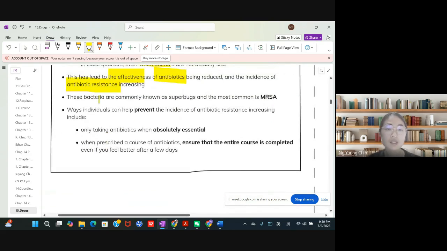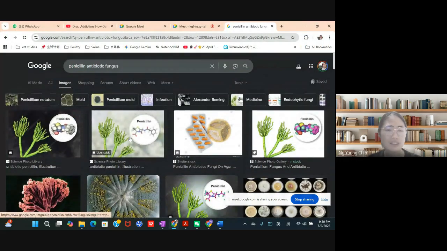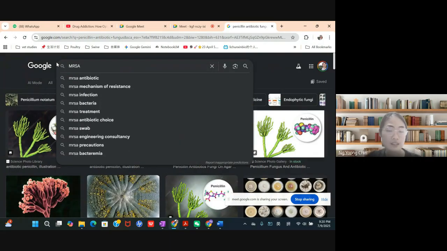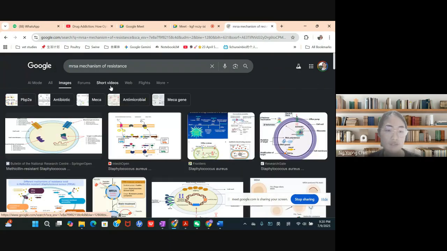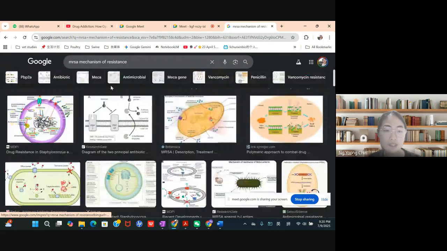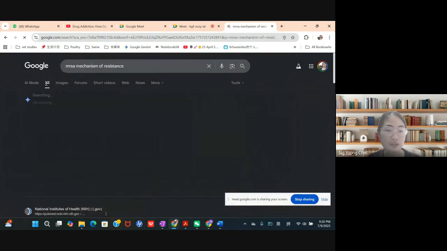One very common example of antibiotic resistance is called MRSA. I think you first heard it. MRSA is methicillin-resistant Staphylococcus aureus. I think later you can have a look at the article.